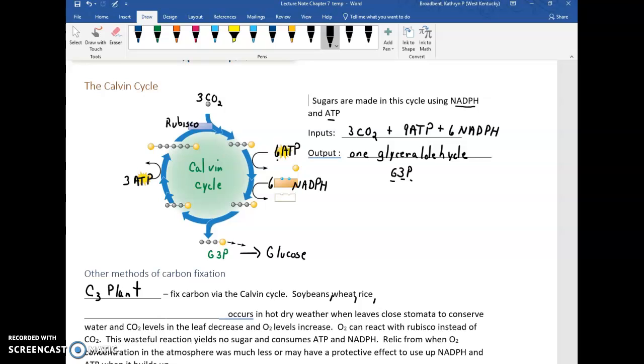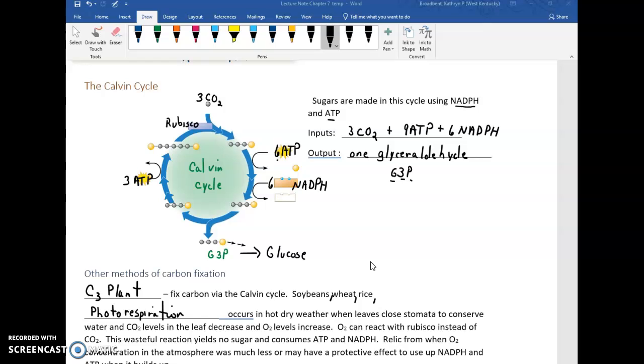But this system breaks down or has trouble when the CO2 levels fall. Photorespiration can occur in hot, dry weather when the leaves close their stomata to conserve water, and CO2 levels in the leaf will decrease.